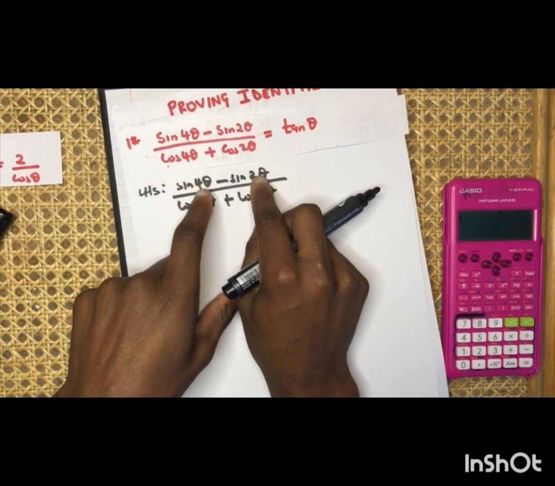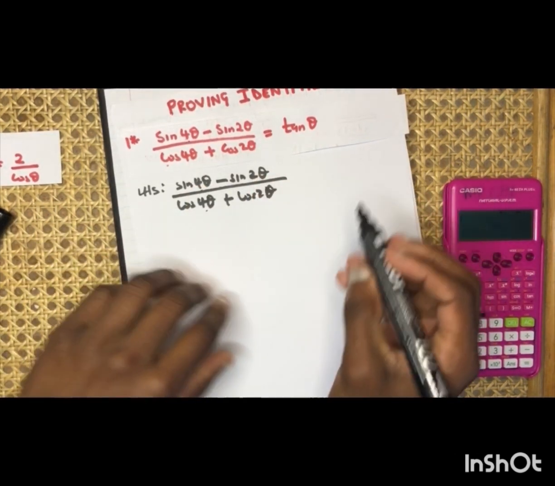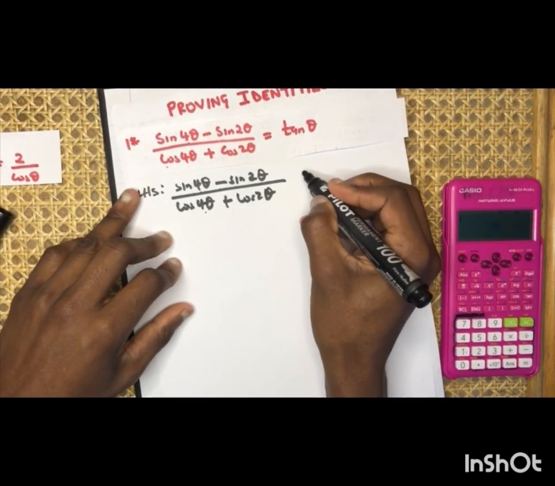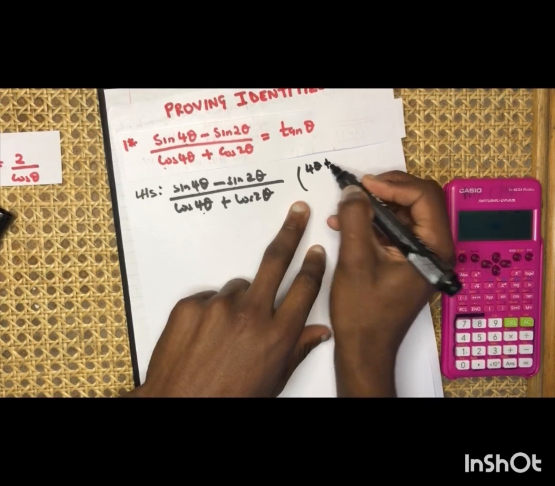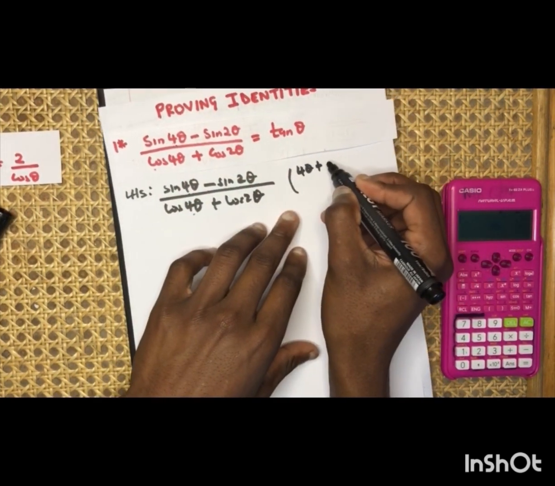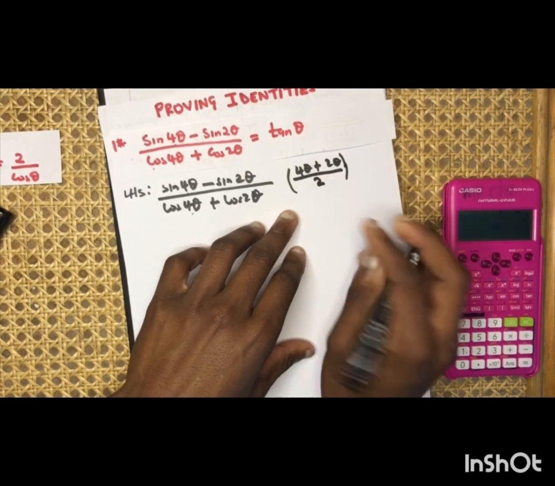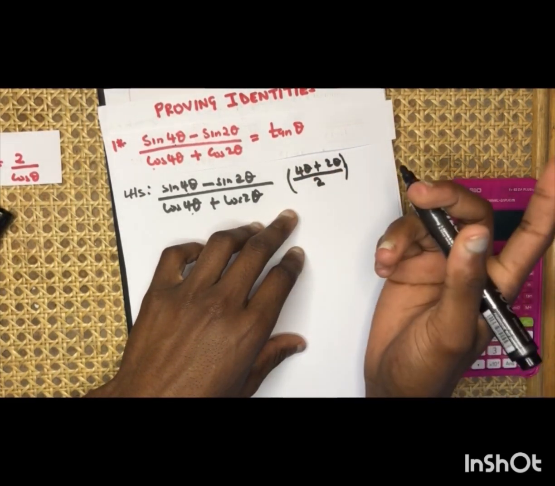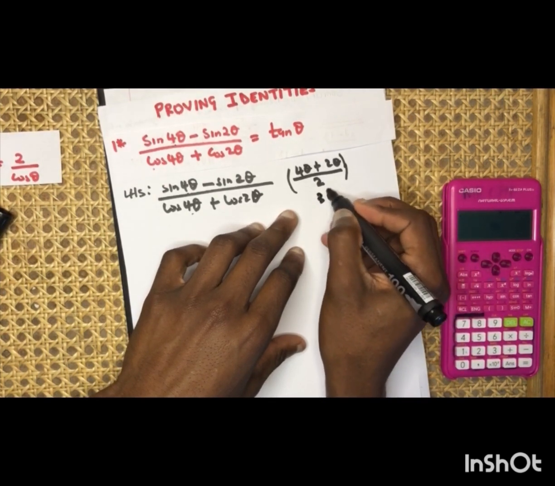So the average between 4 theta and 2 theta is 3 theta.